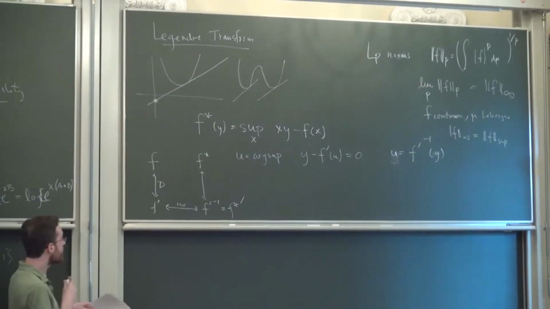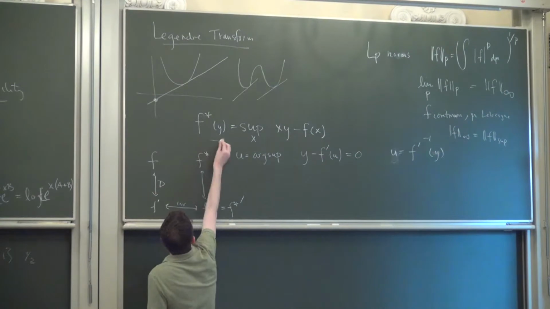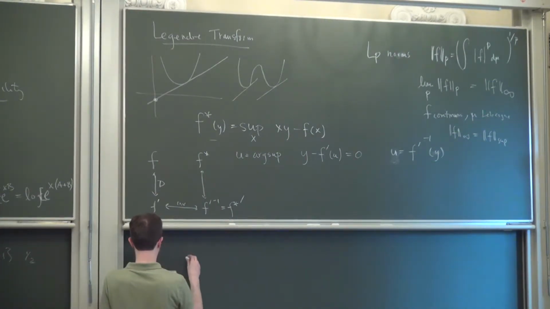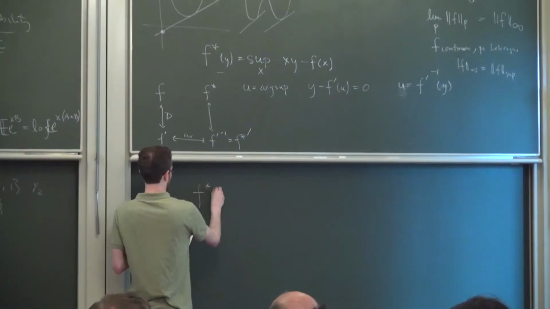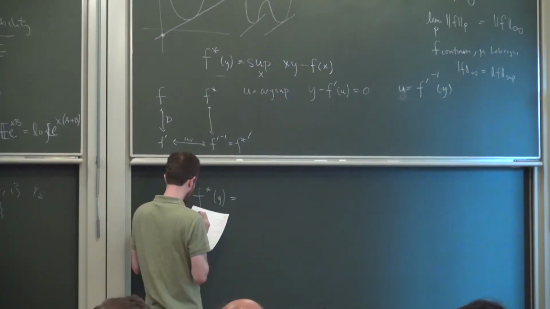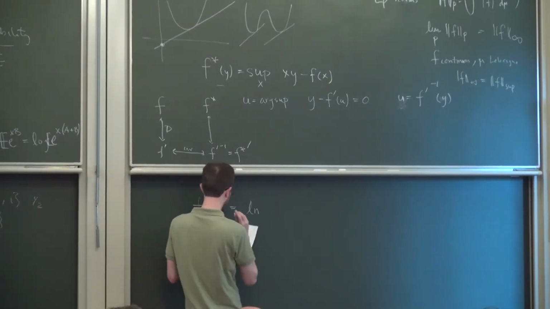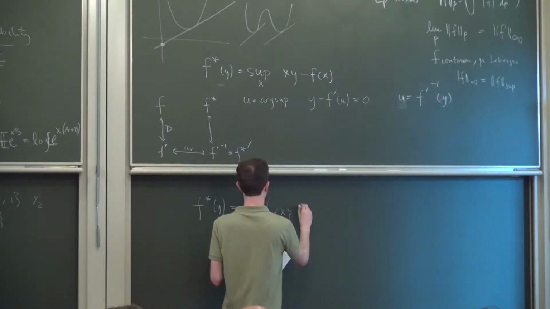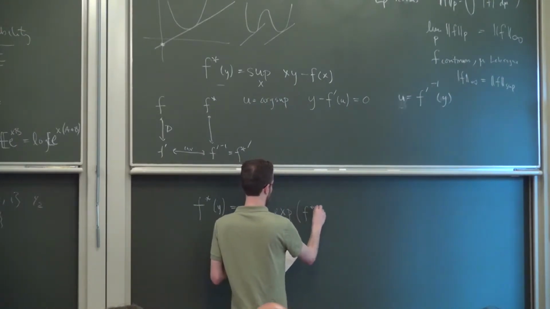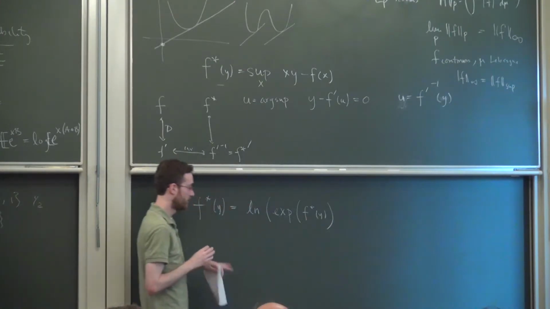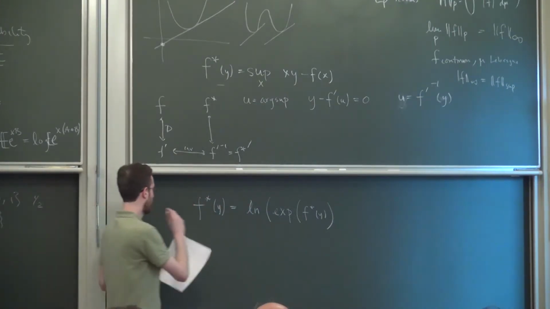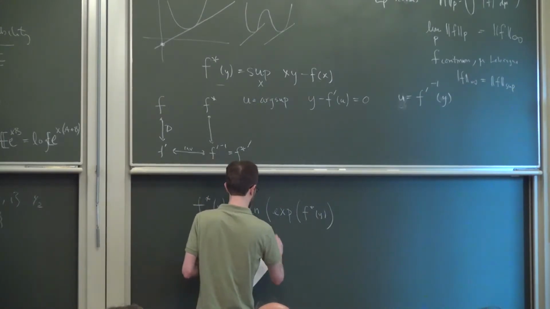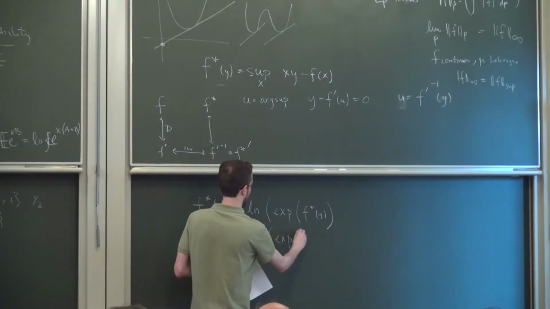So the idea is just to change this definition of f star slightly. Well, not even change it. I'm going to start with f star of y, and this is going to be the log of the exponential of f star of y. Haven't done anything there. Then I'm going to plug in the definition here.